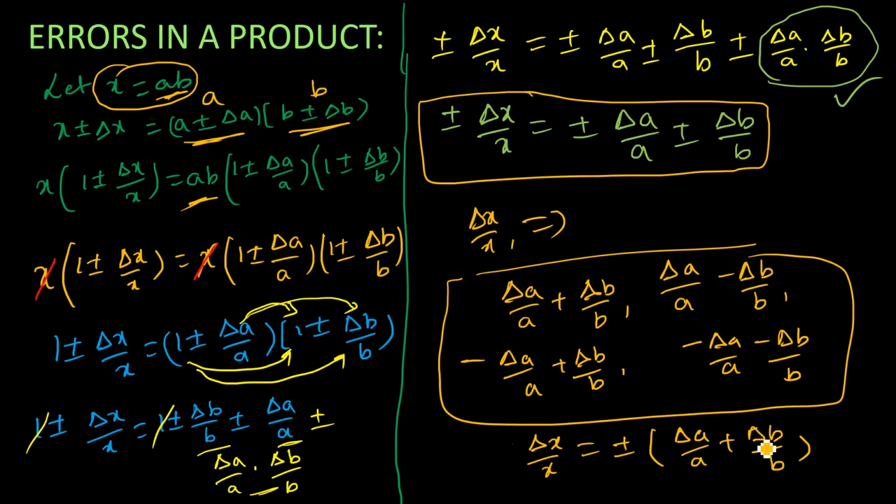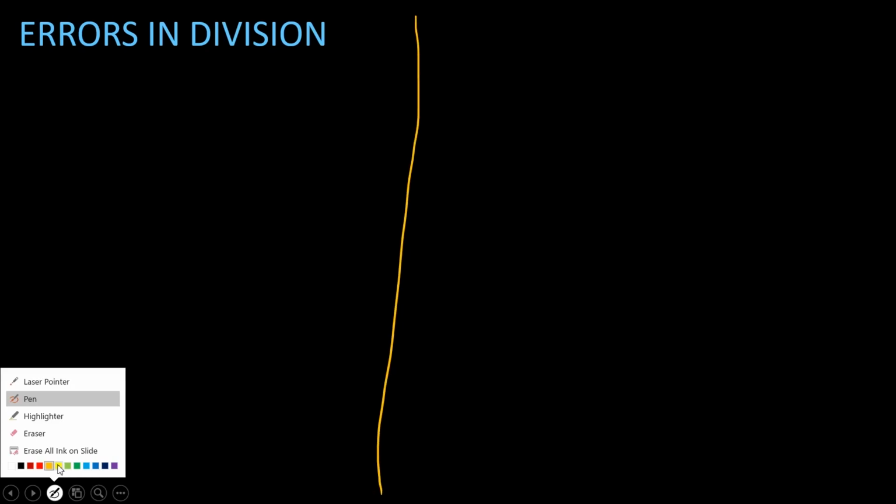So that is about error in product. Now we can see error in division. Okay, so now we can consider carefully.